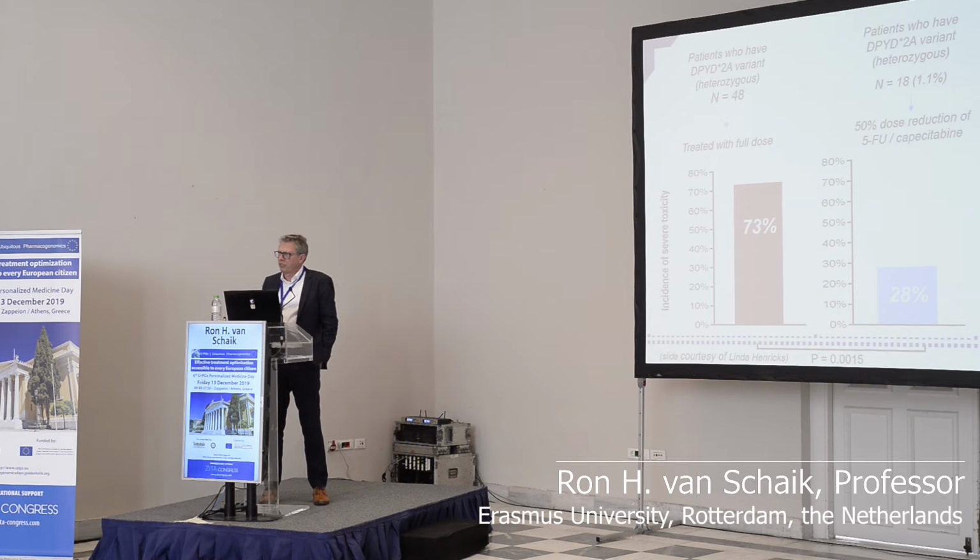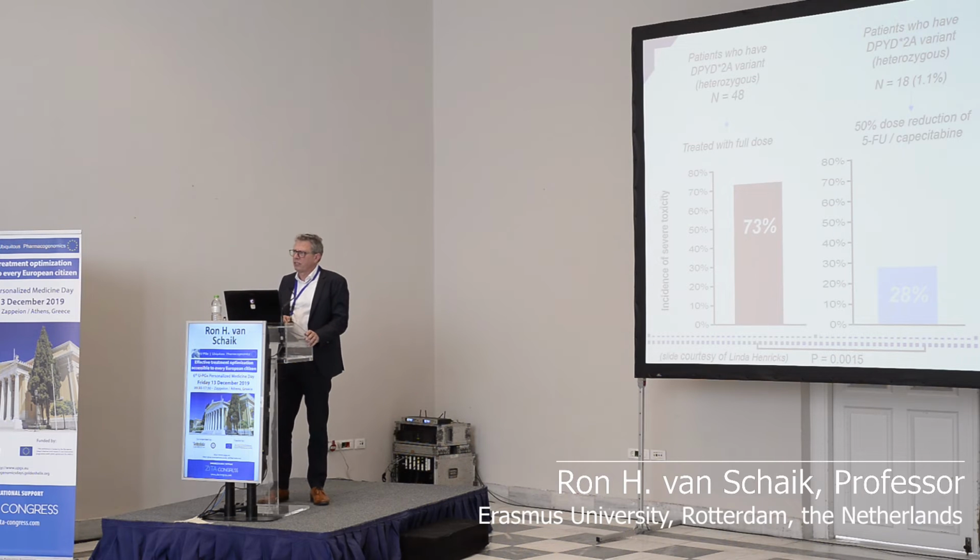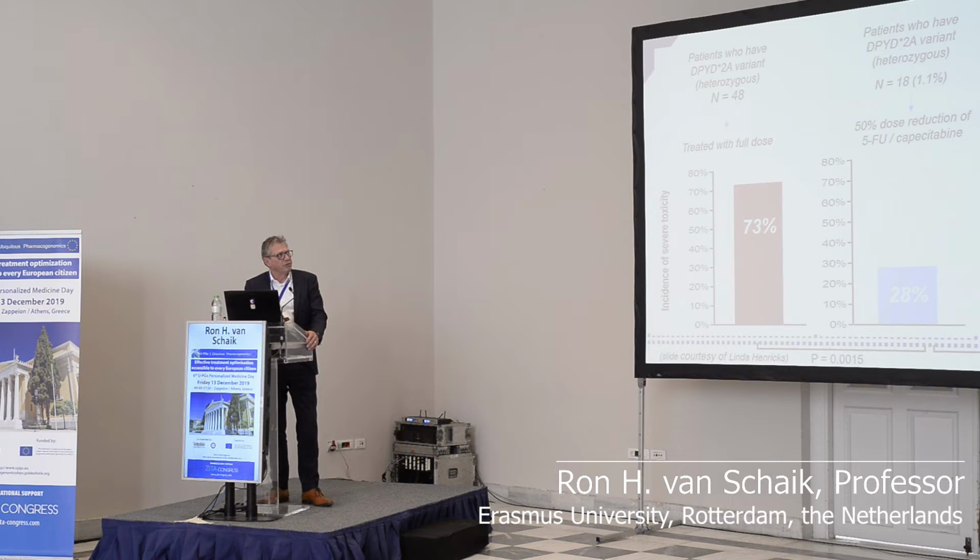You have less toxicity in these groups. And we had some discussions with the oncologists. They said, well, we still have 28% toxicity, so why should we use this test? Well, the reason is simple. If you do not have any variant at all, then your residual risk is also like 23%. So you in fact decrease the risk to the value which is the average of the normal population not having any variants.